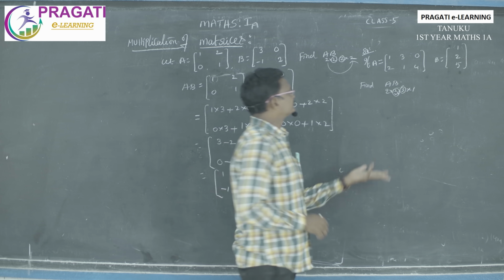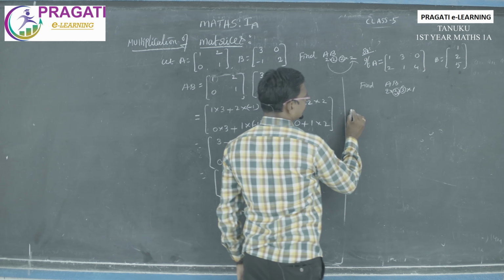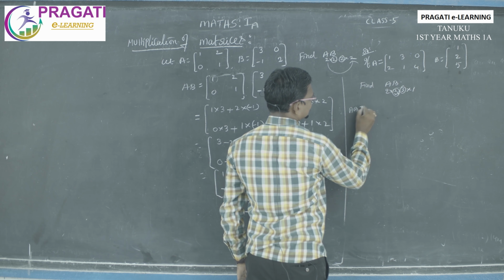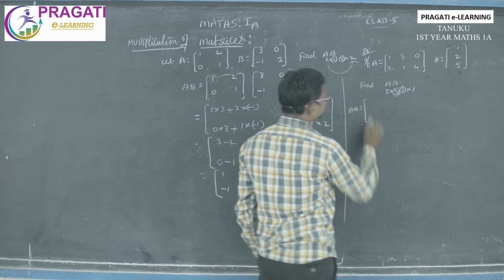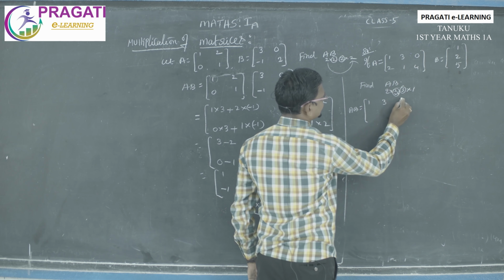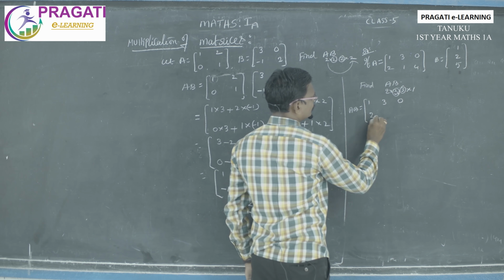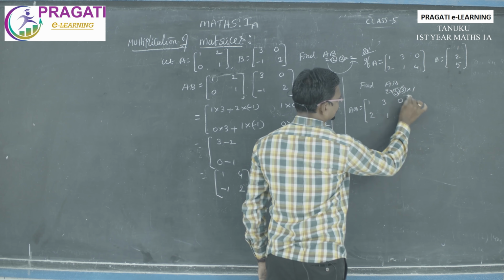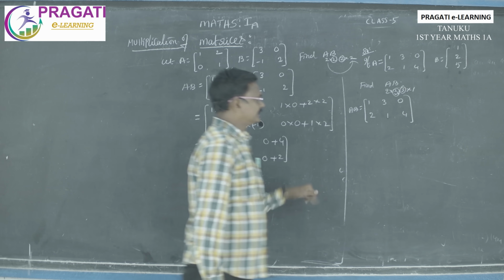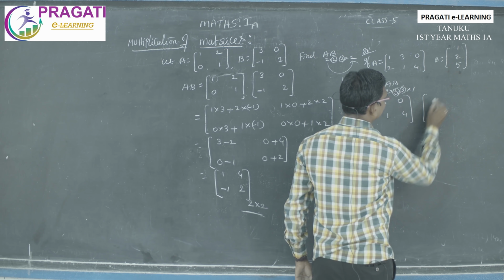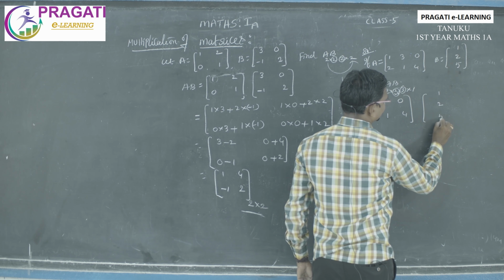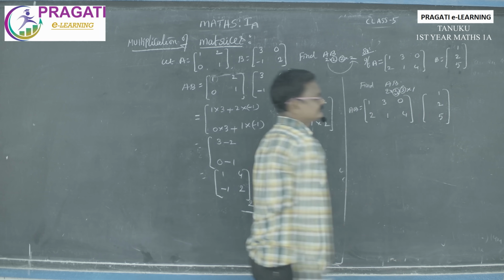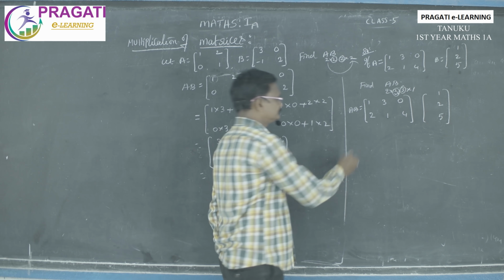So now let us start. A, B. First write matrix A: 1, 3, 0, 2, 1, 4, and B: 1, 2, 5. Now we are doing multiplication.